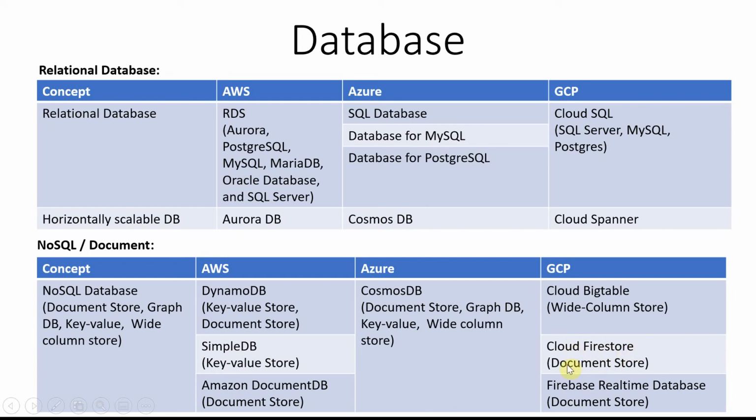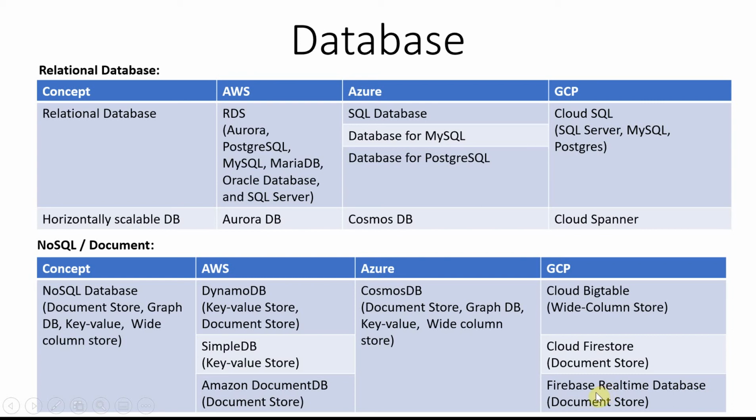Cloud Firestore. Again, Firestore is also an acquired product from GCP, but this is more suitable for a document store kind of requirement, and they are also promoting the Firebase real-time database.